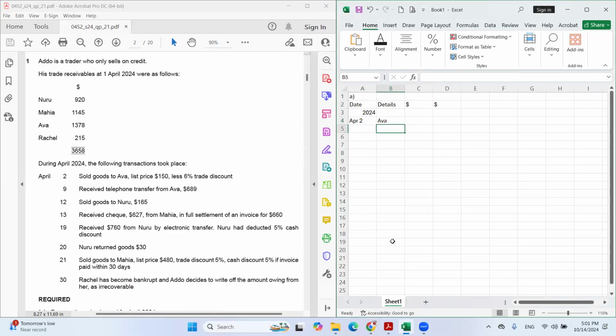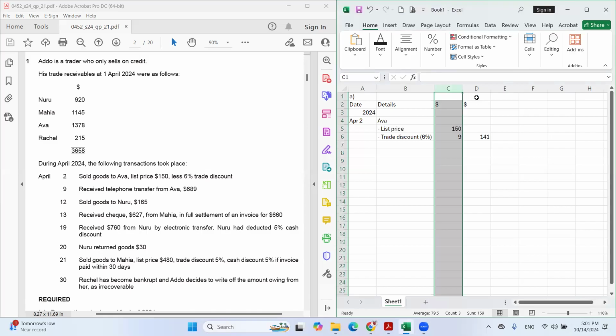You can put in AWA and then the list price, 150, and then another line for trade discount, 6%, and then calculate the net, 150 times 6%, and show the net in the next column. So the first column shows the detail, the second column shows the net amount.